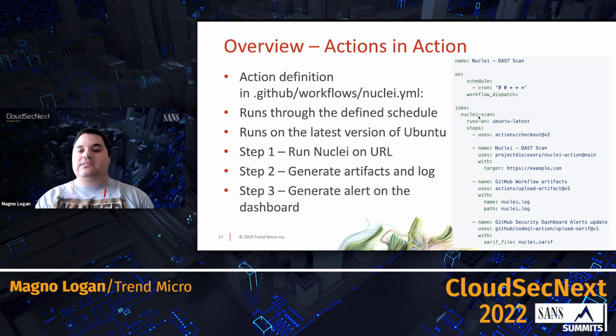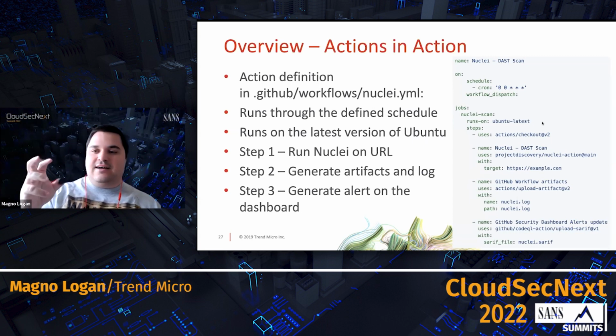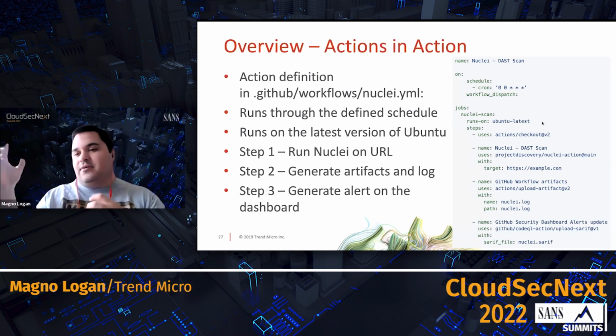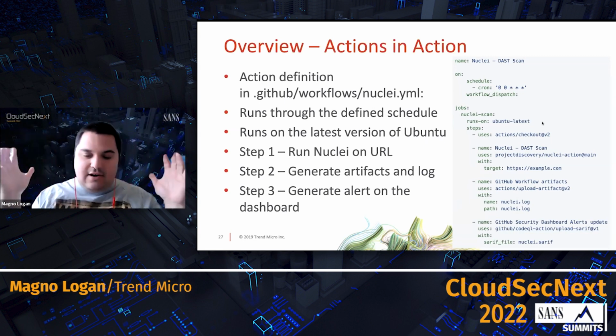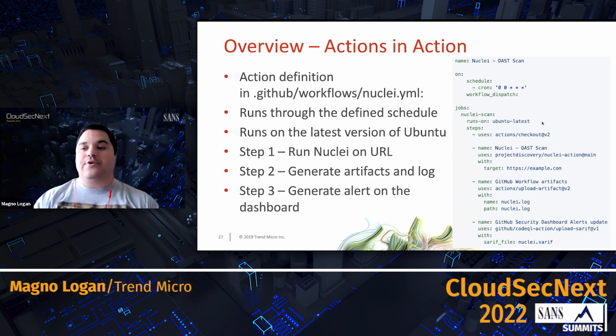So under jobs, we can see the nuclei scan, and runs-on means the server, what type of server I'm running this action on. There is a specification for each server on GitHub Actions, and ubuntu-latest is similar to a tag from Docker, but this is not Docker. This is not a container. This is a server that's provided for you from GitHub Actions. So I'm using the latest version of Ubuntu available as the runner inside GitHub Actions, which is inside Azure.